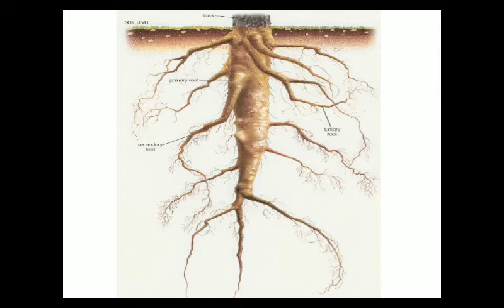In tap root system there is one main root. In this diagram you can see that this particular structure is the main root of the plant, and from this main root the secondary and tertiary roots are arising. This type of root system is known as tap root system.